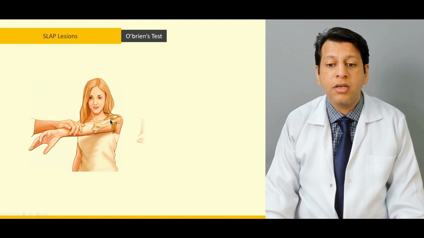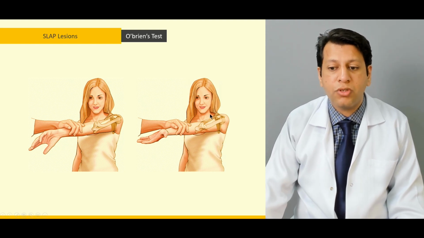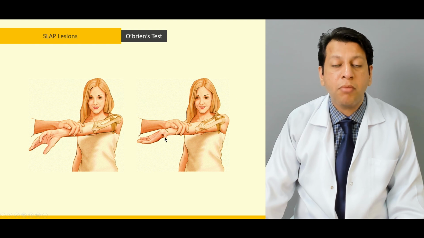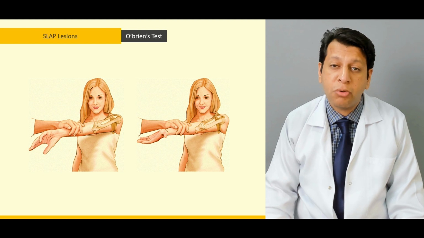The other option is to have the same situation, with the shoulder at 90 degrees and the elbow in extension, but the forearm in supination with the thumb outside, and ask the patient to maximally externally rotate it.